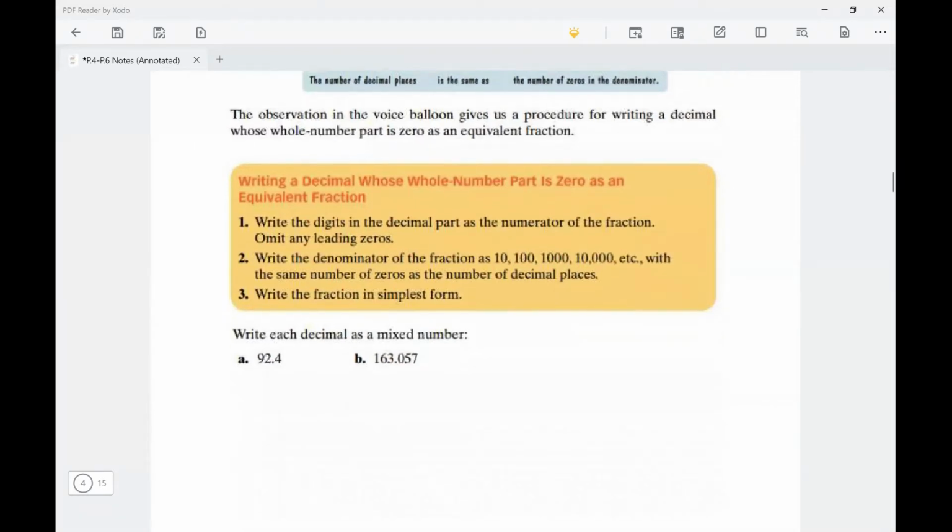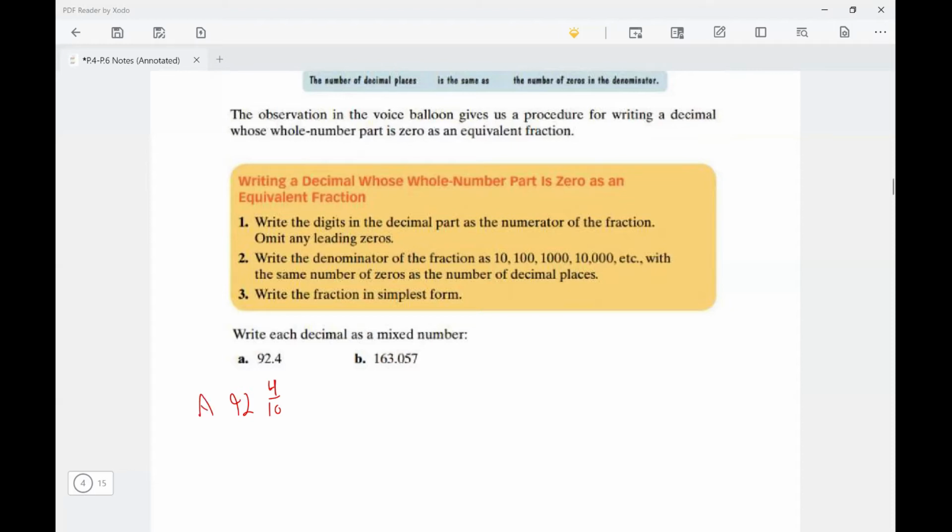So notice that we have 92 out front. So that whole number is going to stay the same even if I change it into a mixed number with fractions, right? So I'm going to have 92 out front, and notice that we have 4 tenths, and all that means is that we have 4 over 10, right? So you always want to take into consideration that place value.